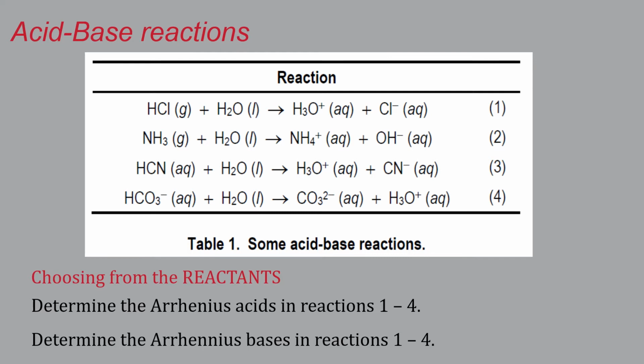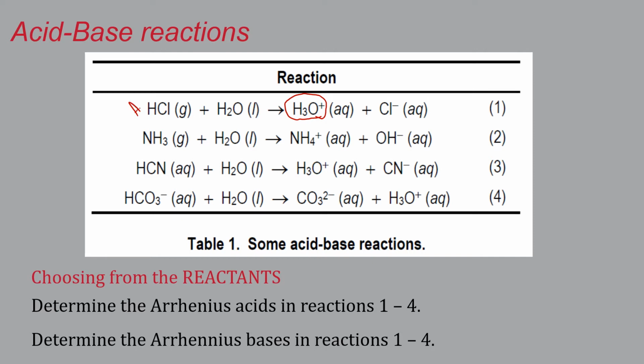All right, so let's look at this reaction here. We've got HCl, which is a gas at room temperature and pressure, reacting with liquid water to give us hydronium and chloride. And so for the Arrhenius definitions, acids were considered something that makes hydronium when mixed or reacted with water.